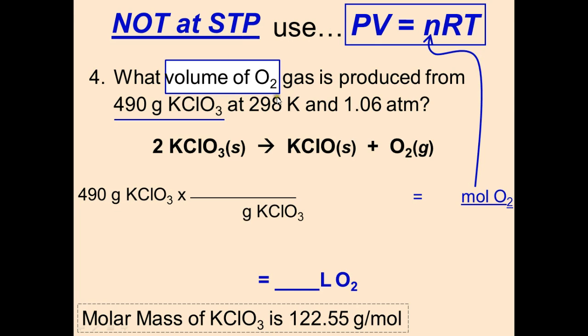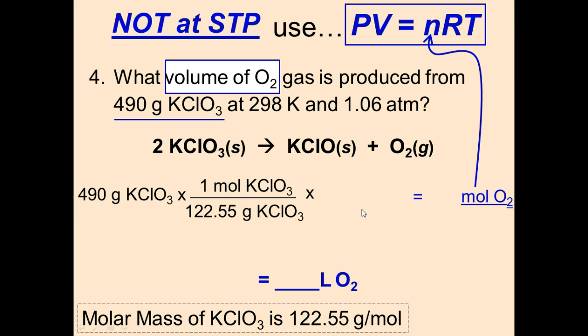So again, we put grams of KClO3 on the bottom, so grams cancels out, and moles of KClO3 on the top, and 122.55 goes on the bottom because that goes with grams, and then 1 mole goes on the top. Now that we're in moles of KClO3, we want to go to moles of oxygen. Here we have 2 moles of KClO3 and 1 mole of oxygen, so these are our mole-to-mole ratio, and whatever's on the top goes on the bottom.